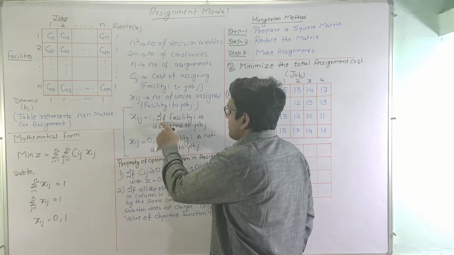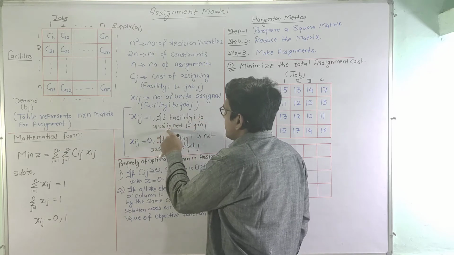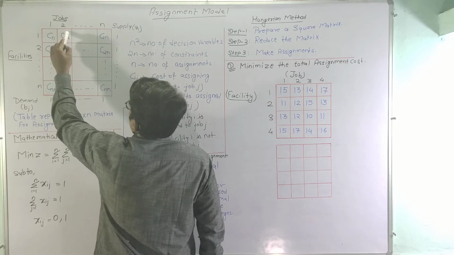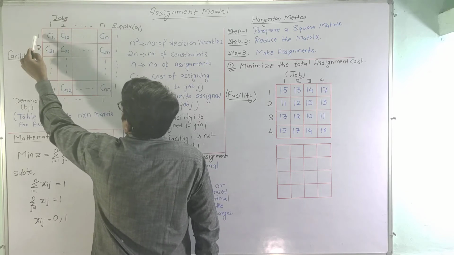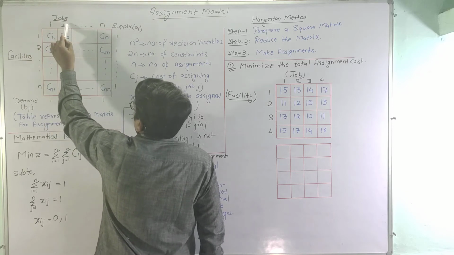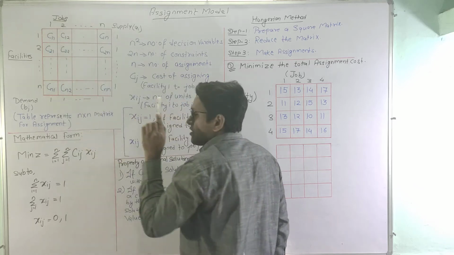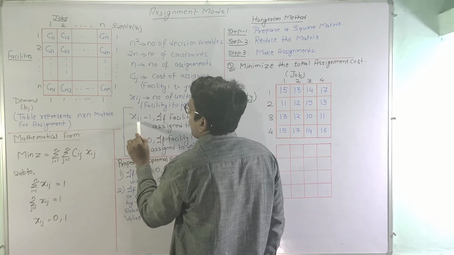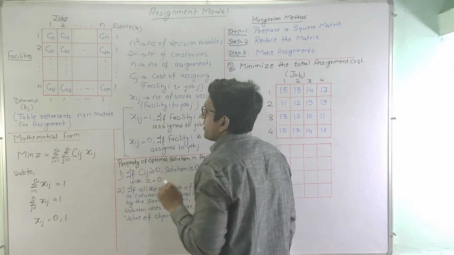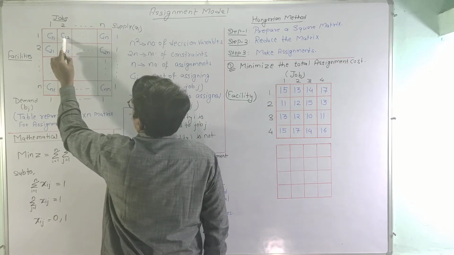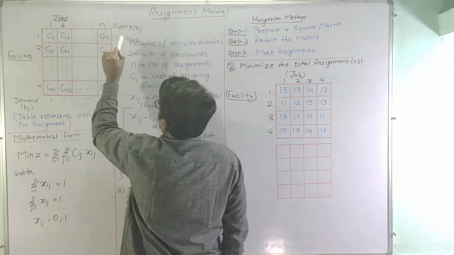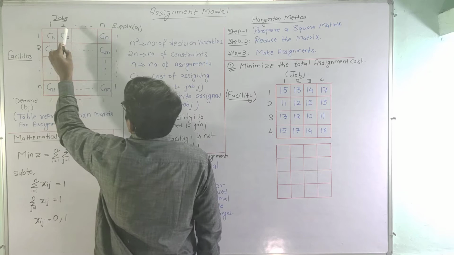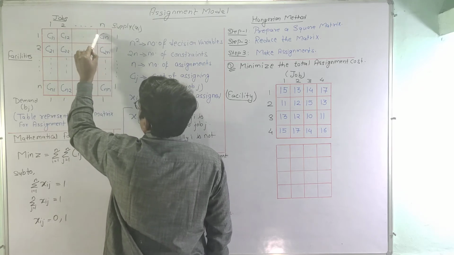Xij is 1 if the facility i is assigned to job j. Here I am assuming that if I assign this particular cell, then facility 1 is assigned to job 2, and for this particular cell the value of Xij, that means x12, will be equal to 1. If this is 1, then the supply is satisfied and the demand is also satisfied. That means no more assignment can be done in this row.